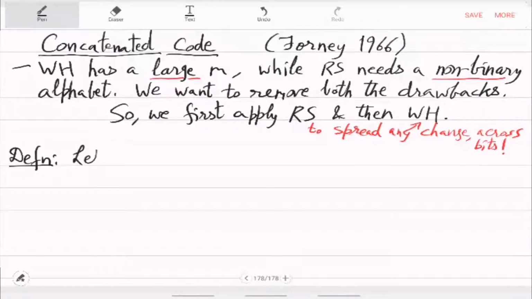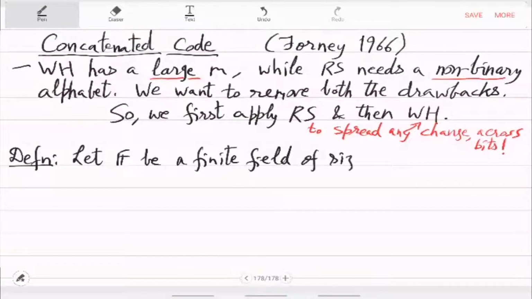So, let f be a finite field, right, finite alphabet of size q. Reed-Solomon is the map on n length message in this f alphabet, it stretches it to f to the m.